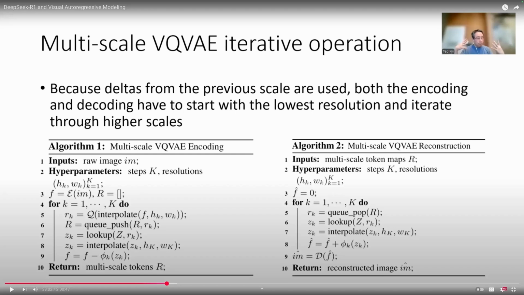If they had chosen all the resolutions to represent the actual image, then my guess is exactly what you're saying, that it would mostly just attend to the next best resolution. Since each subsequent resolution, as it gets higher res, is actually only representing the residual, it is forced to also look at the lower resolution ones a lot.